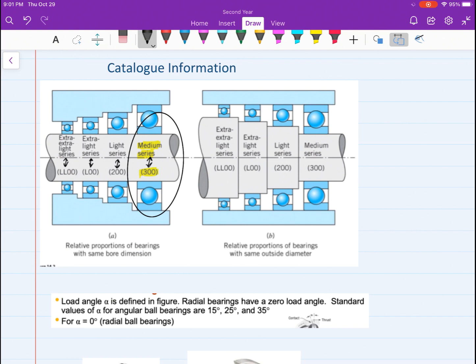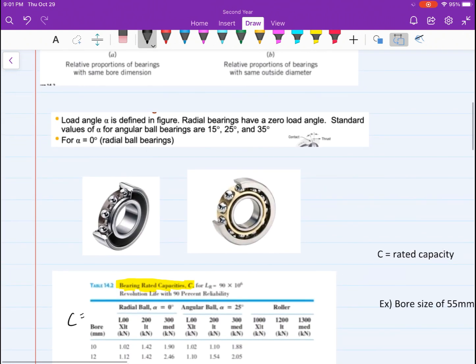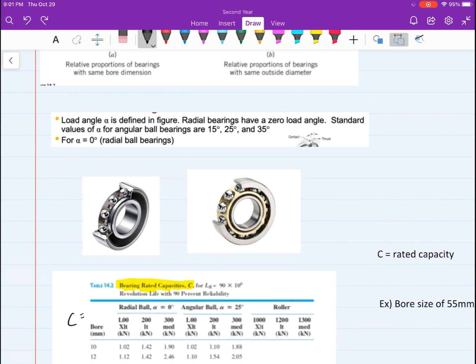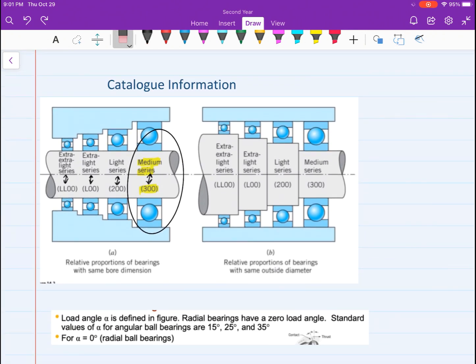There is the radial ball bearing, and then there is the angular ball bearing, these two.